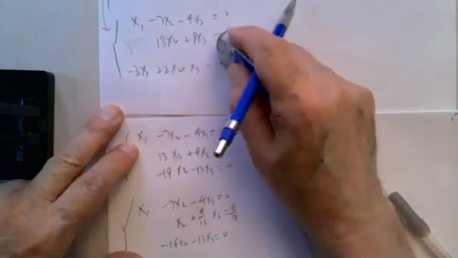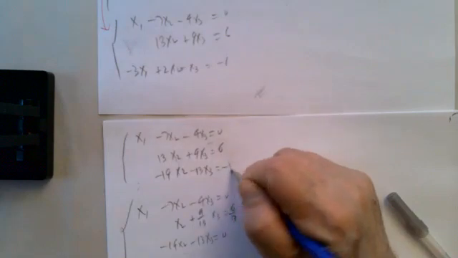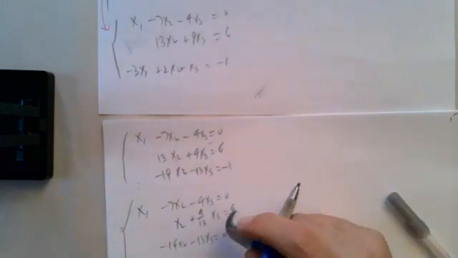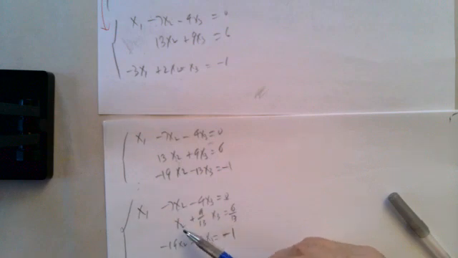This was 0, 6, minus 1. So this should have been a minus 1, and I don't know why I wrote down a 0. But what do I do to get rid of the minus 7x2? If I multiply the second equation by 7 and add to the first equation, that will kill this.